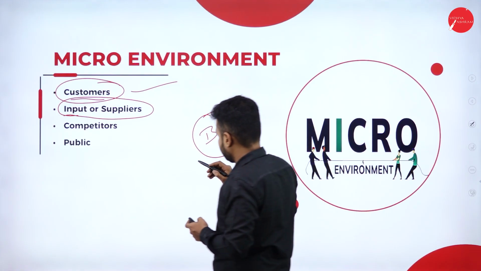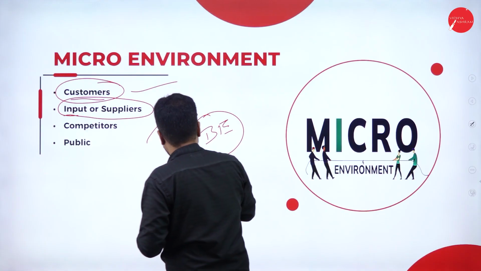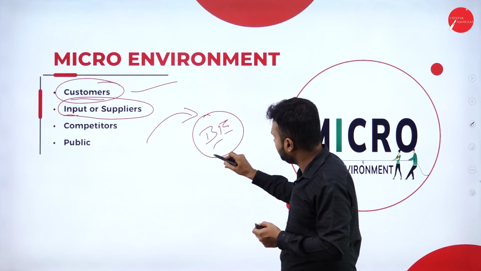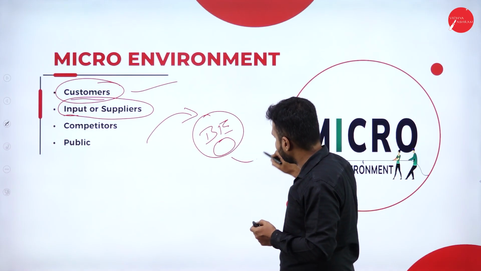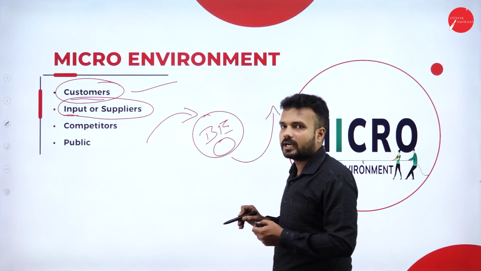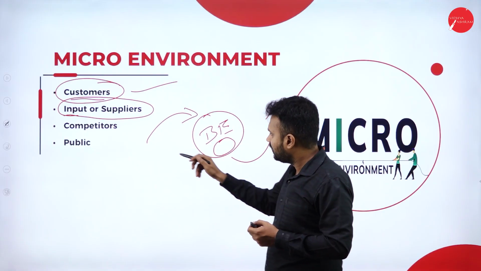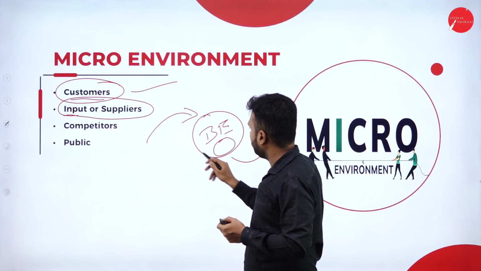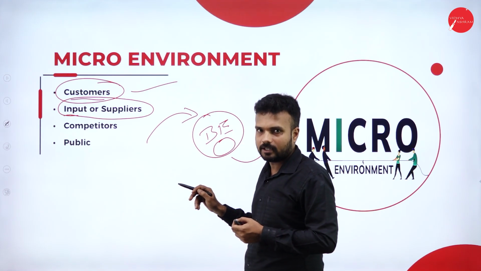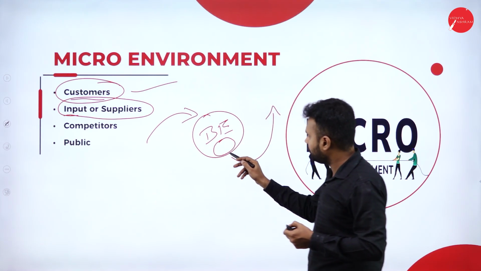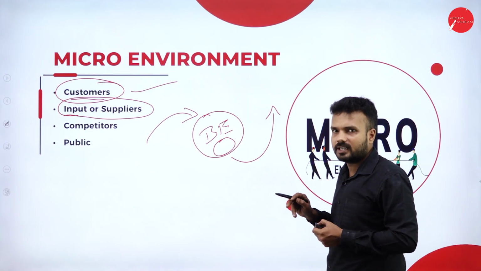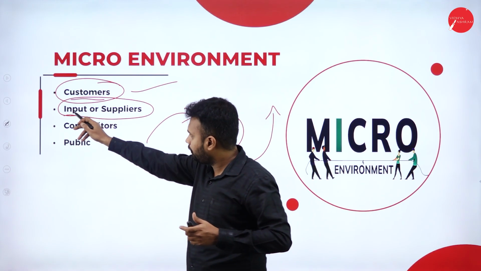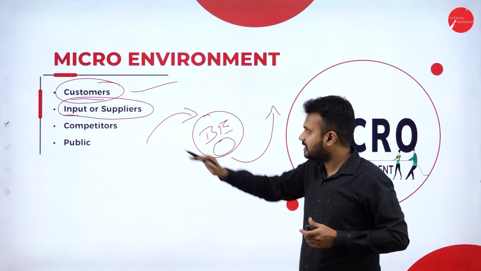He is going to import the raw materials, convert the raw materials into finished product, and supply the finished product to the society. He brings the raw materials from the society, converts them into finished product inside the organization, and also delivers the finished product to the society. Whatever he does, whether it is input or output, that is suppliers.